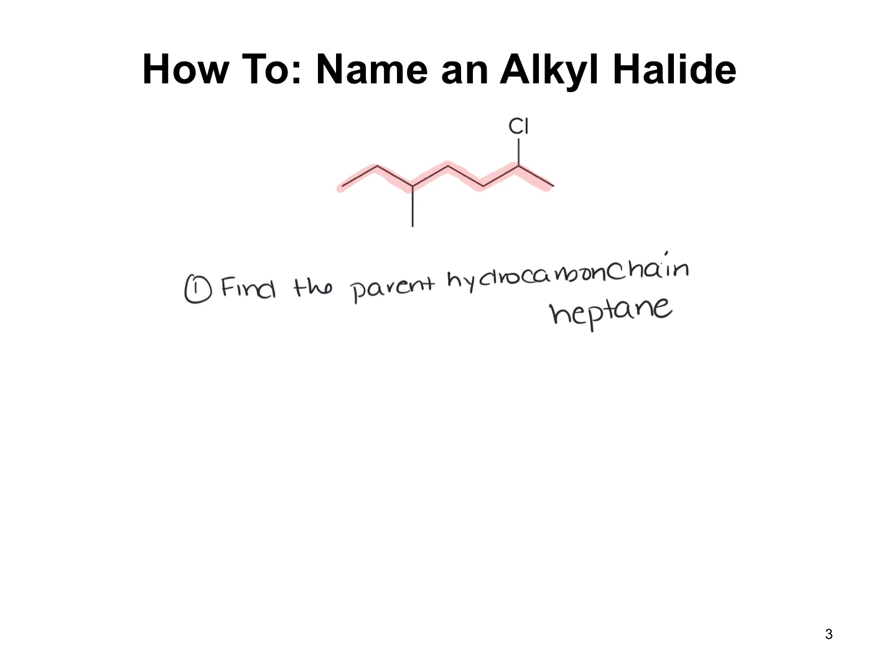Then we just need to apply all the other rules of nomenclature that we previously learned. So you need to number the chain beginning at the end nearest to the first substituent.